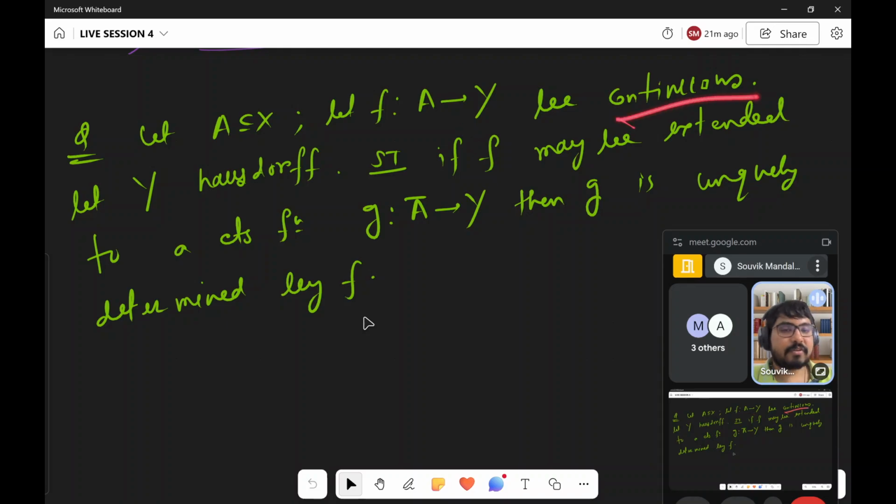In topology, all maps are continuous, so here it is explicitly mentioned continuous, and the extension also is continuous. So now we need to show that if there are two extensions of f to the closure, then they are equal. That's what the target is. First you try it by yourself.